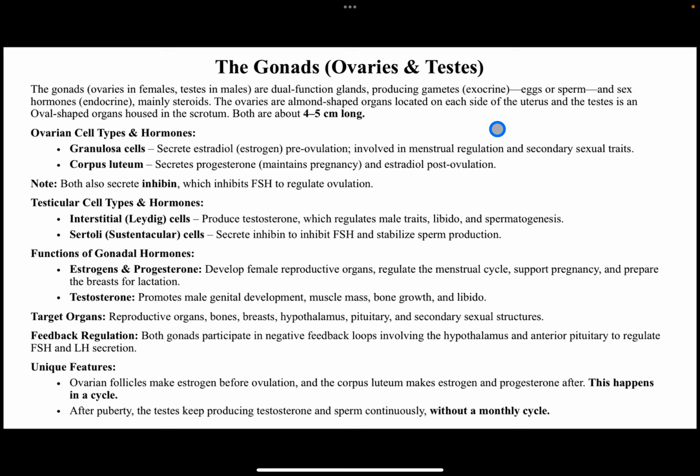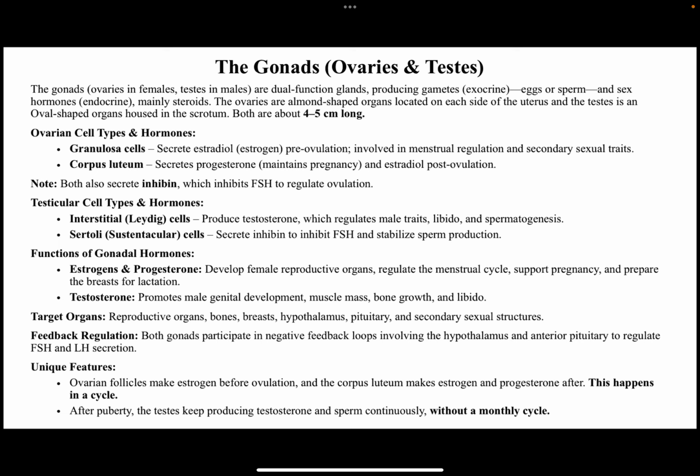Then we spoke about progesterone, which is produced by the corpus luteum, which helps to maintain pregnancy and also produces some percentage of estrogen post-ovulation. Then for the testicular cells, we mentioned testosterone, which is produced by the Leydig cells and regulates male sexual traits, libido, and spermatogenesis.